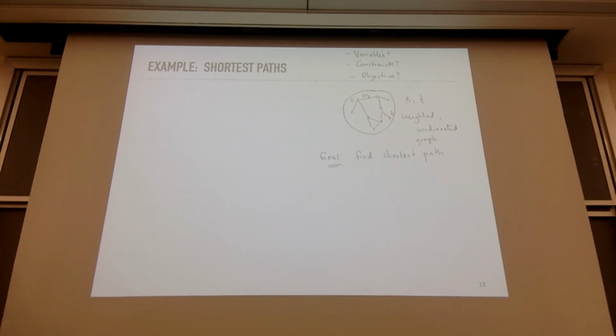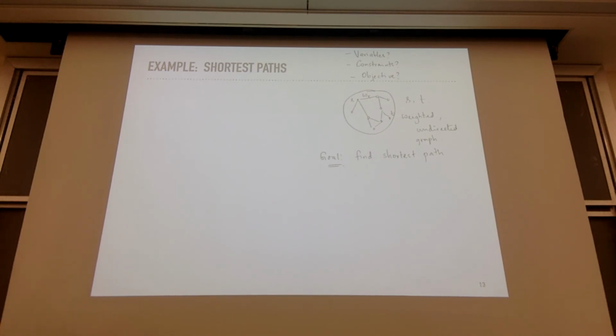So your intuitive idea is that maybe I want variables corresponding to edges, and you can make that formal. I want a one only if it's an edge on the shortest path, the path I want to find. That's totally reasonable.